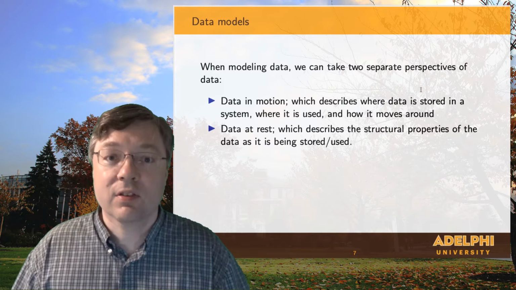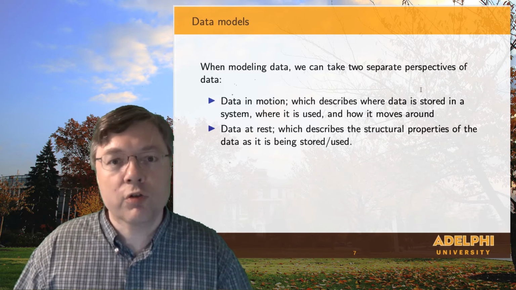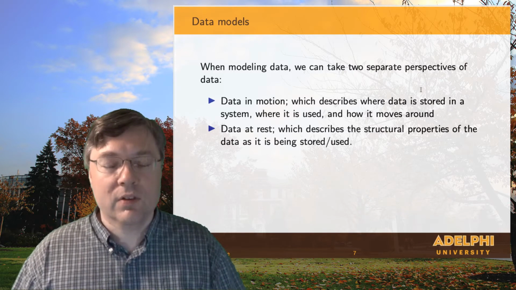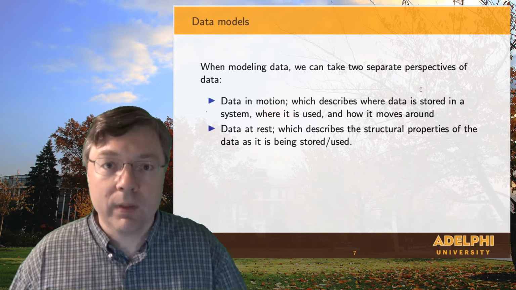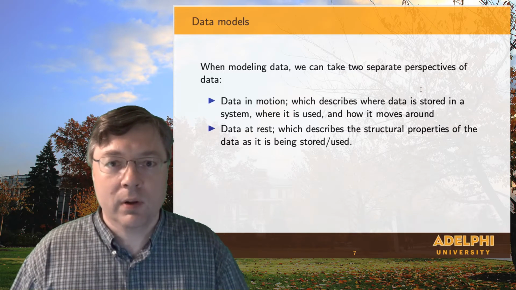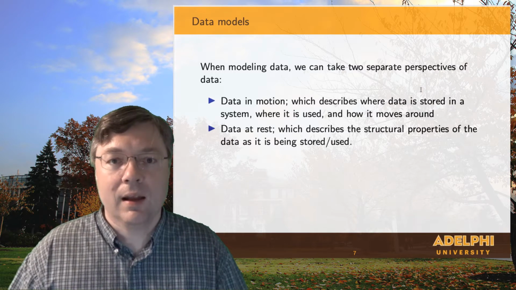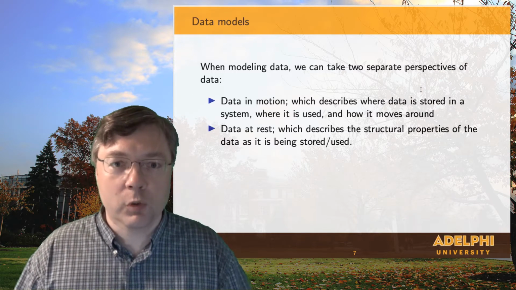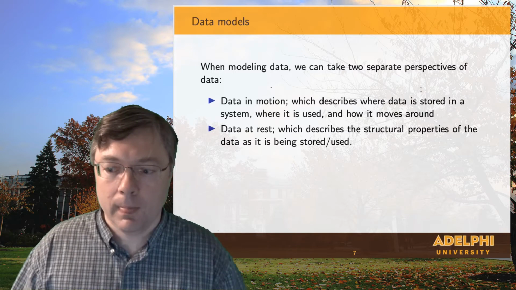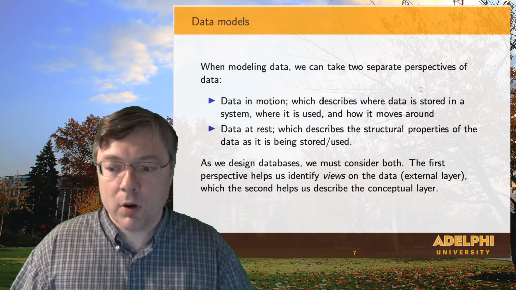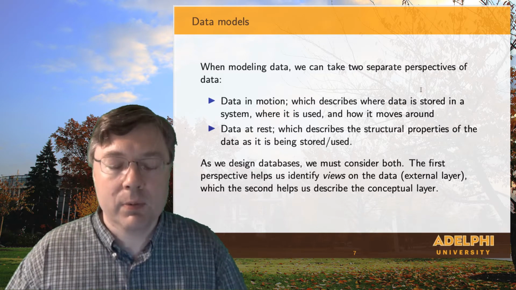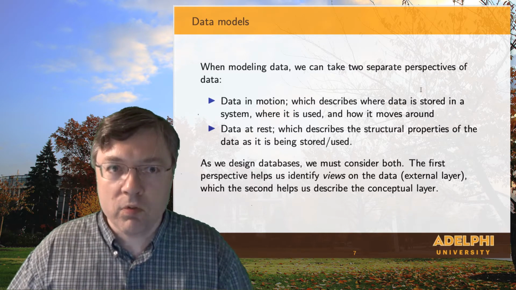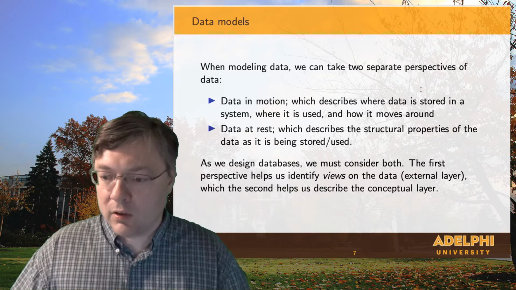How can I describe the structural components of the data, which is the data at rest? And those are the two different perspectives on data. Data in motion, which cares about how it's used, and data at rest, which cares about structural properties of that data. Now we want to create models for those, and of course those models have to represent the system with as much realism as possible.